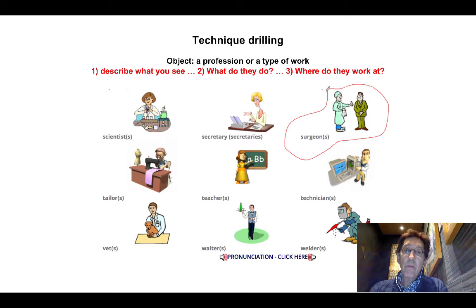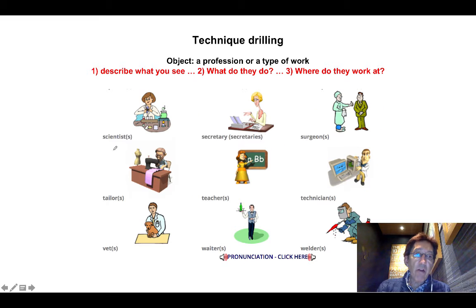They're kind of doctors, but with more specialty, right? Like a heart surgeon, brain surgeon, stomach surgeon. Okay, good. Then where do they work? Well, obviously in a hospital or a dentist hospital.